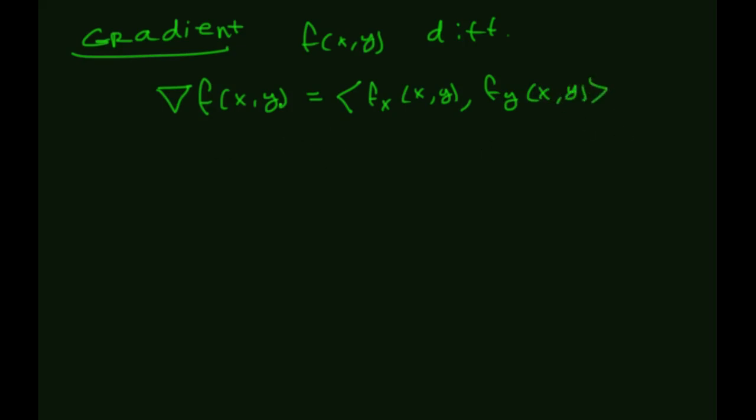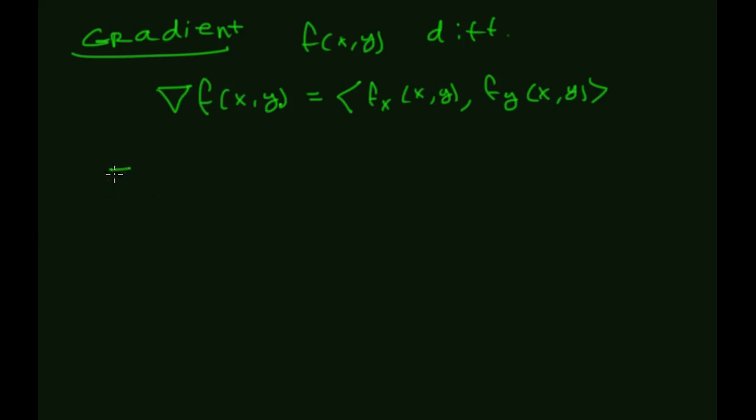Now this could be scaled up, it doesn't only have to be two-dimensional. You can have f of x, y, z, or x1, x2, x3, up to xn, but for our own purposes we're going to work with a two-dimensional gradient. So this is what we call the gradient.